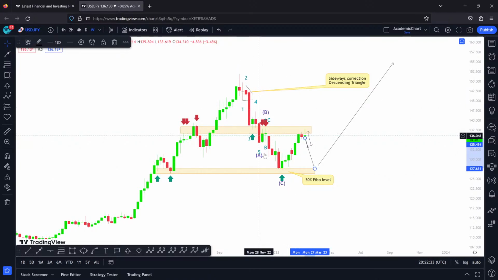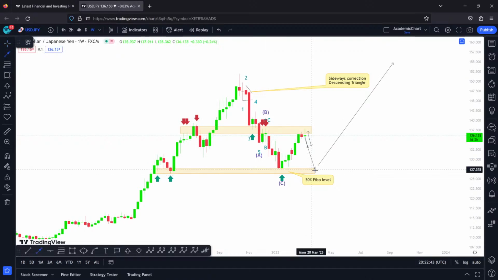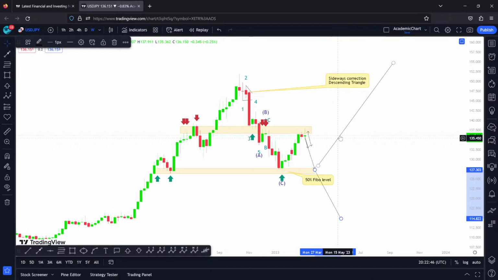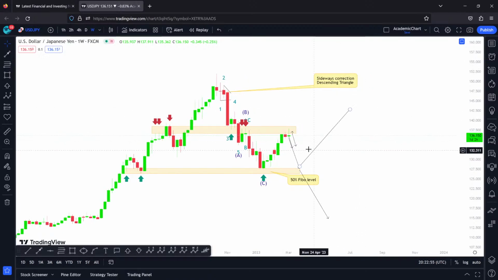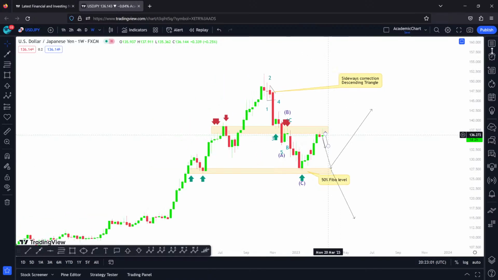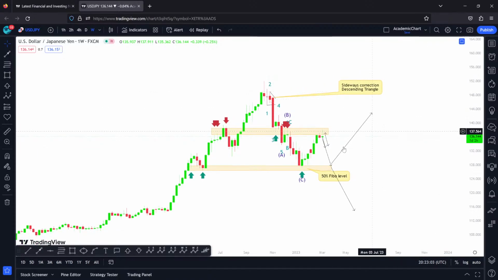If it is not an ABC, and if it is 1, 2, 3, 4, 5, then this might be its correction, and then in a long term, it might break these and continue its momentum to the downside as well. But talking about long terms is not really nice, because we need to wait maybe a year to see how price is going to play around these levels.